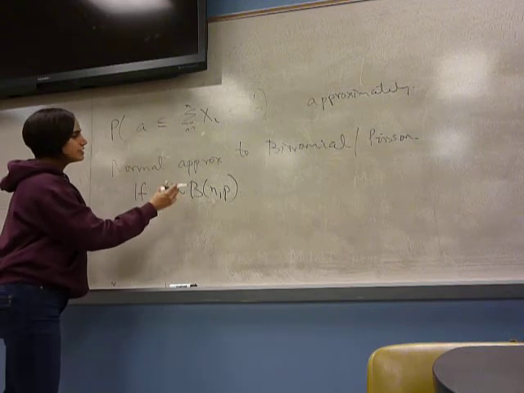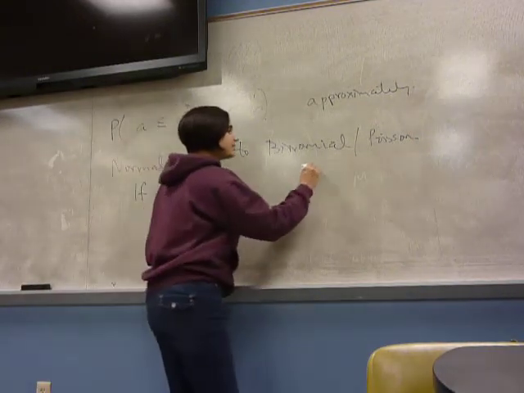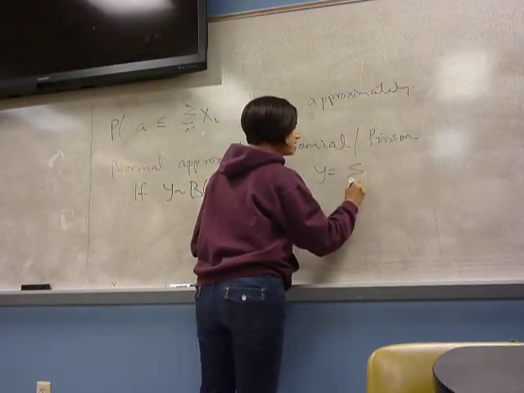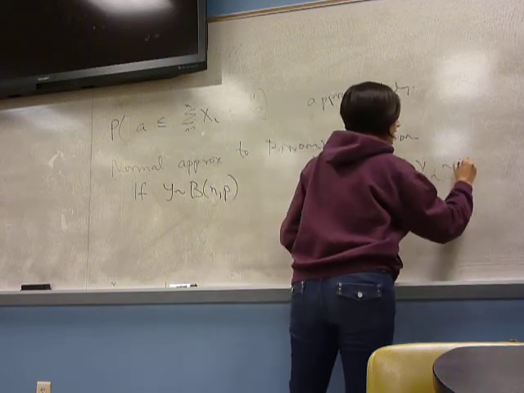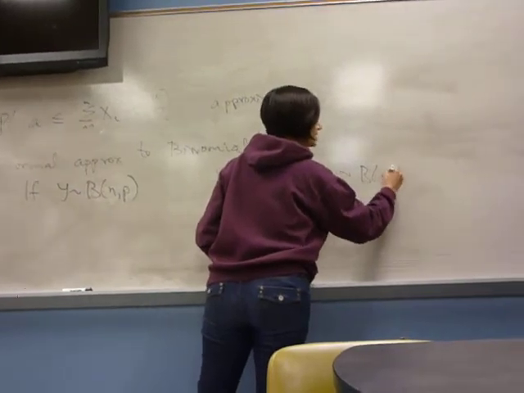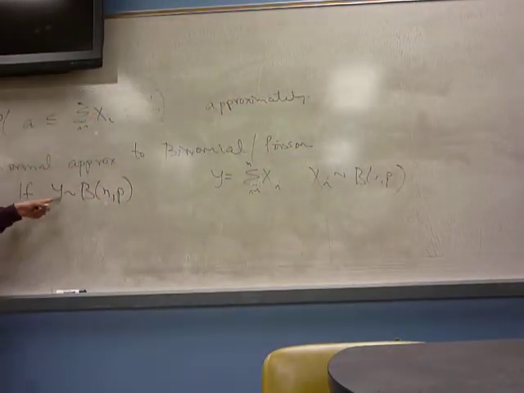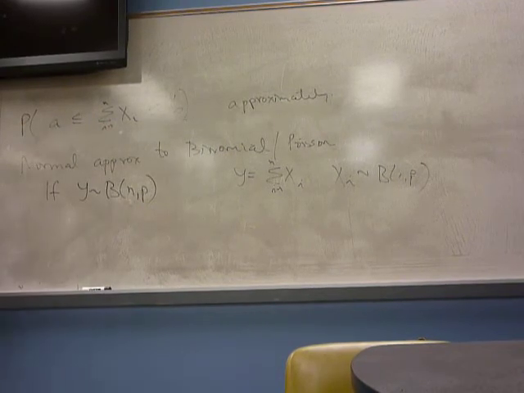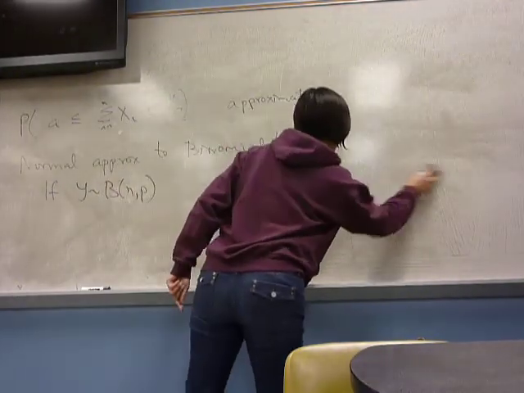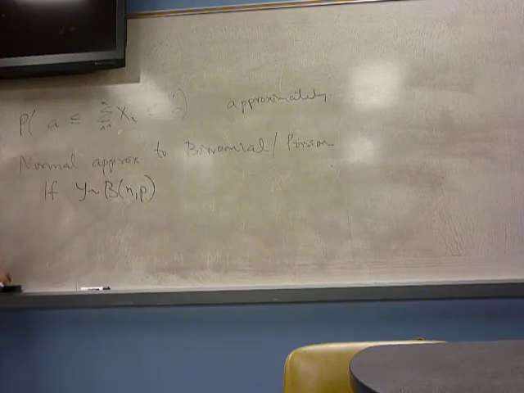If y is binomially distributed, I can think of y as the sum of n IID binomial 1, p distributions. So any binomial random variable is automatically of the form of a summation.